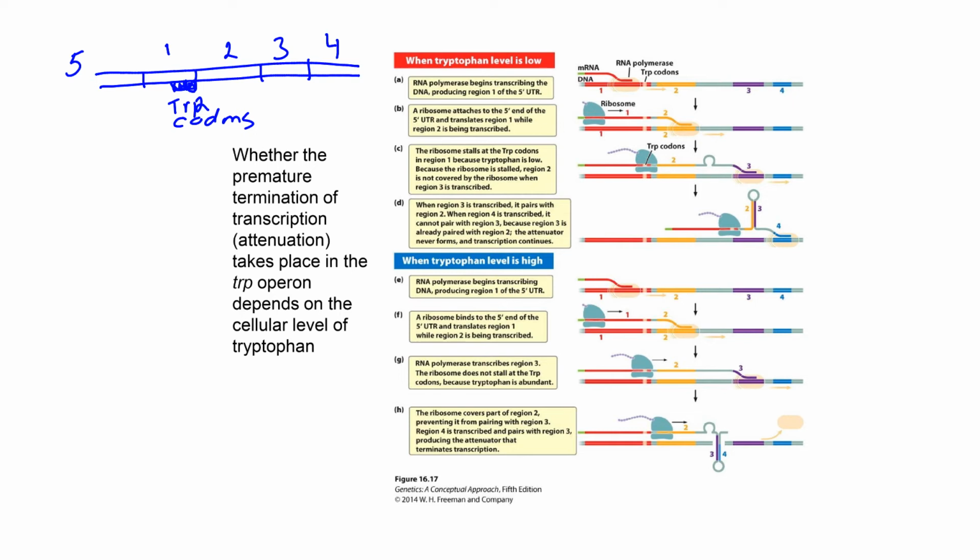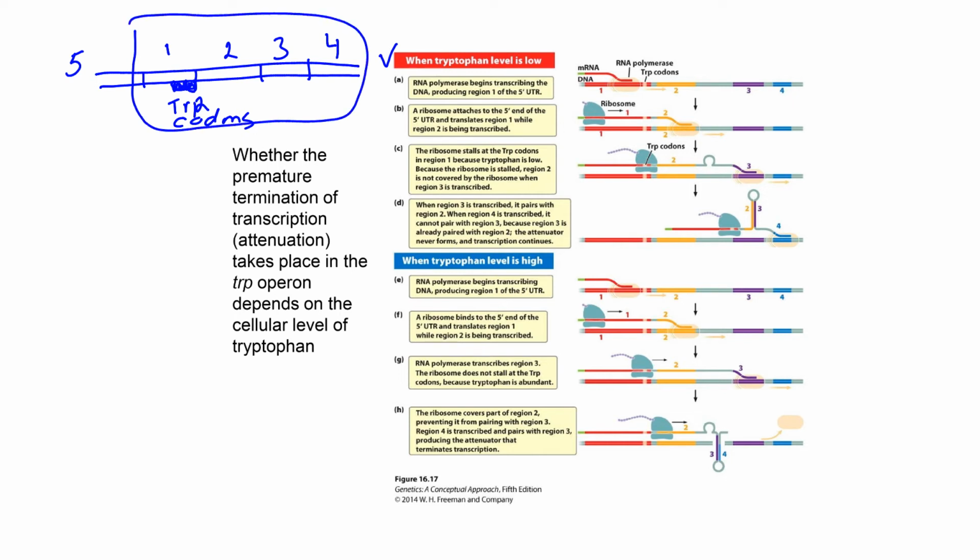Let's first start with the circumstances when the tryptophan level is low. Remember, transcription starts at the 5' end, and the 5' UTR has these 4 regions, and in region 1 there are 2 TRP codons.